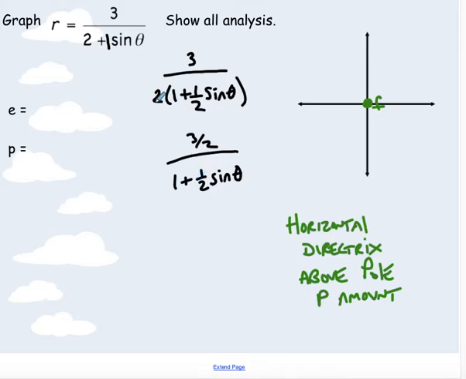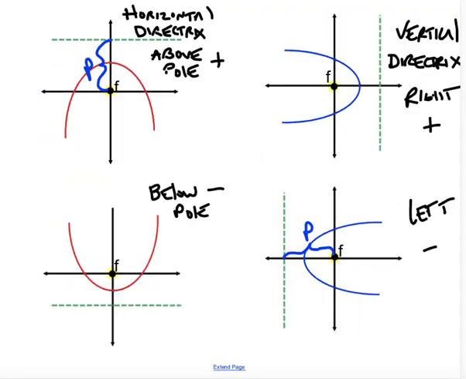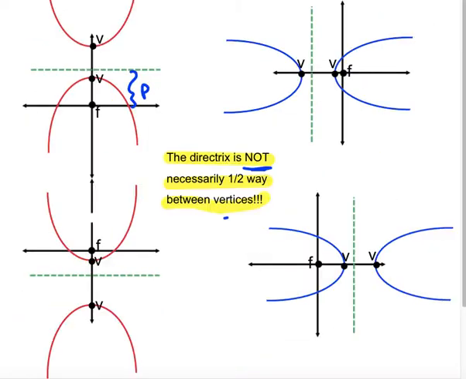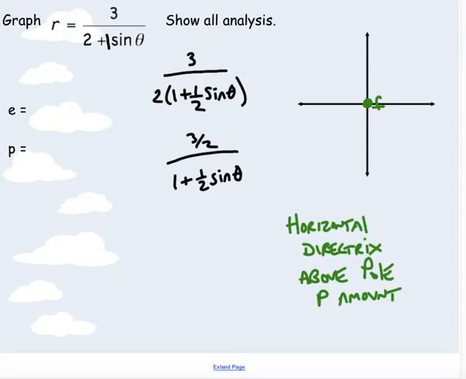So basically that 2 can go up top, but it'll be a fraction. The reason I'm doing that is so that we can better see what E is, because again, if we look back at our formulas, it has to be 1 plus or minus E, cosine or sine. So I forced it to be a 1 plus or minus. So then that means that E is 1/2.